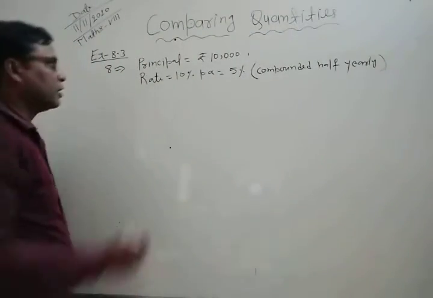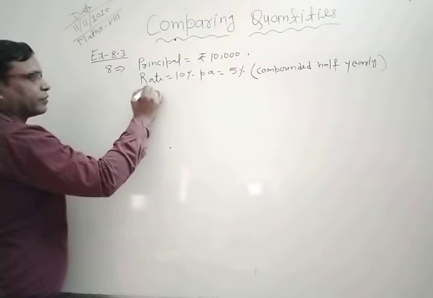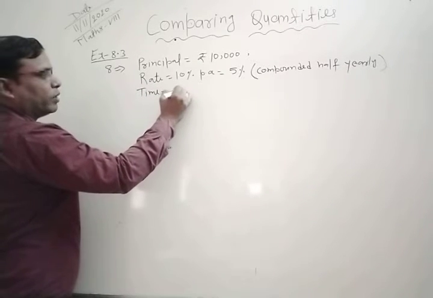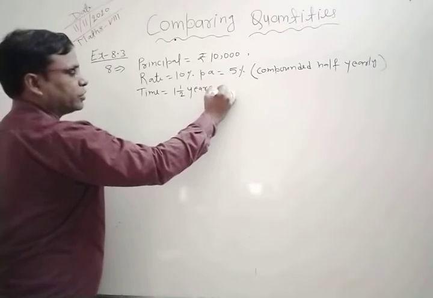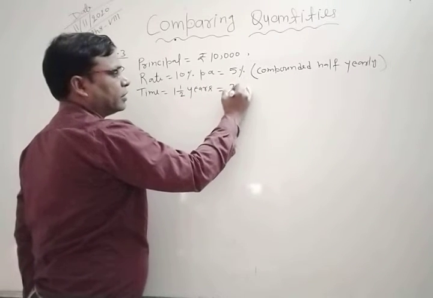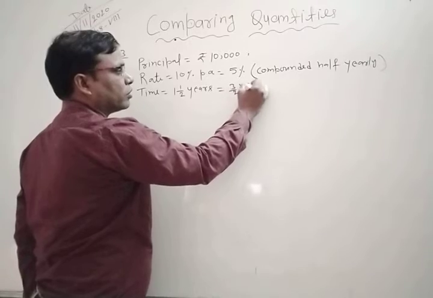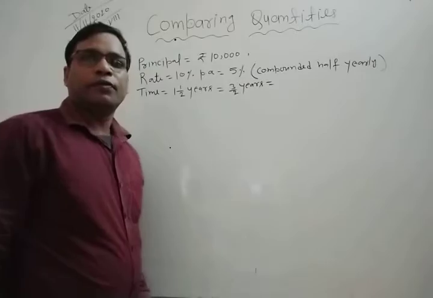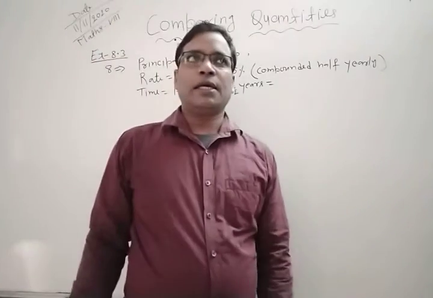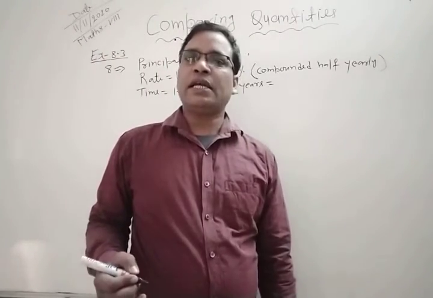And here time is given as 1 and 1/2 years. This is equal to, you can write, 3/2 years. This is equal to, you know very well, 3/2 years means 3 half years.